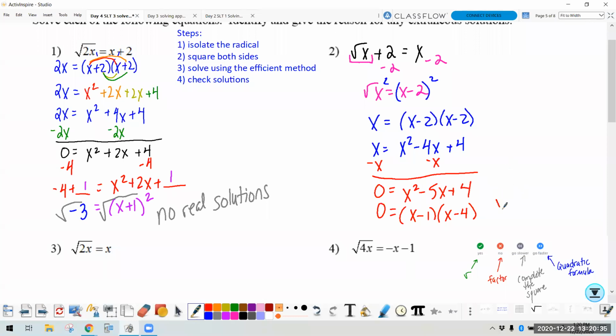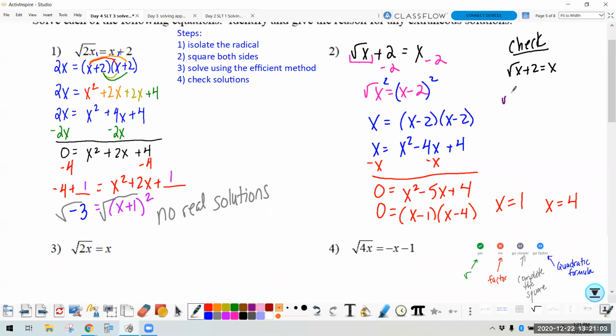All right, so your two answers to check are x equals 1 and x equals 4. And we have to check back in the original problem. And you have to check both.